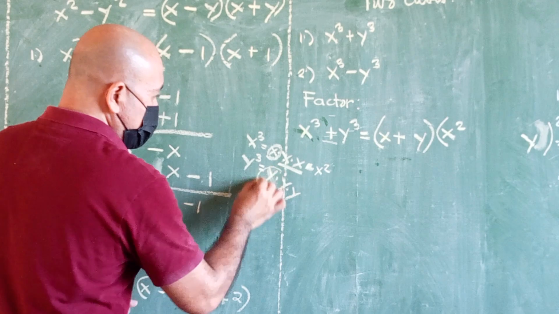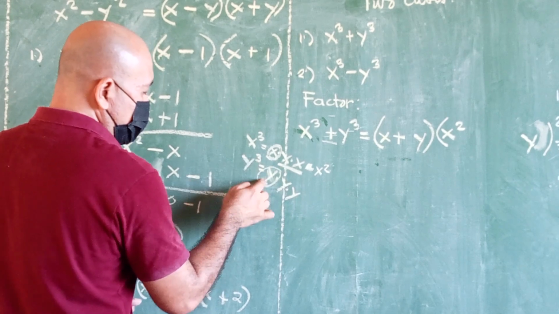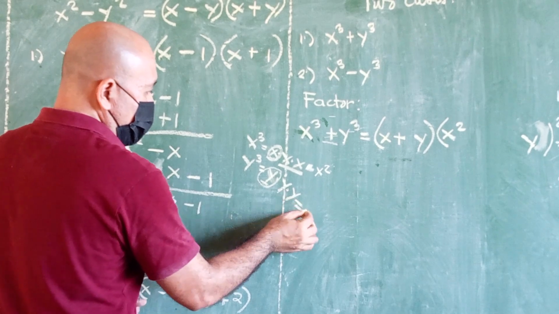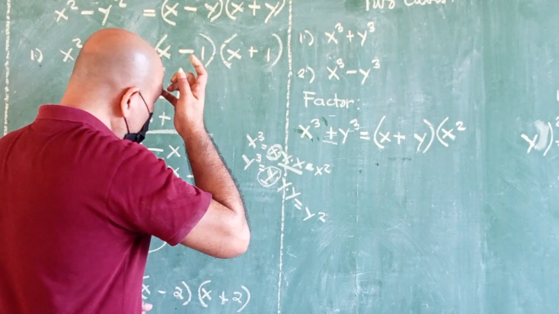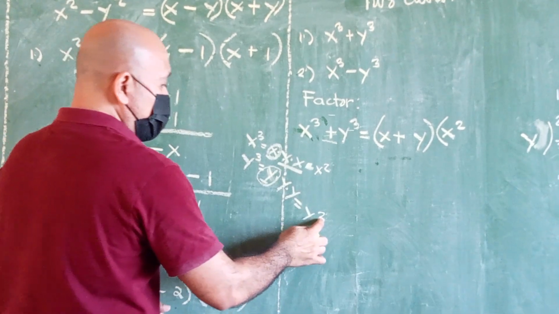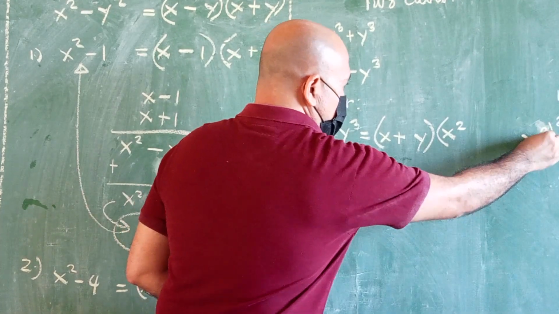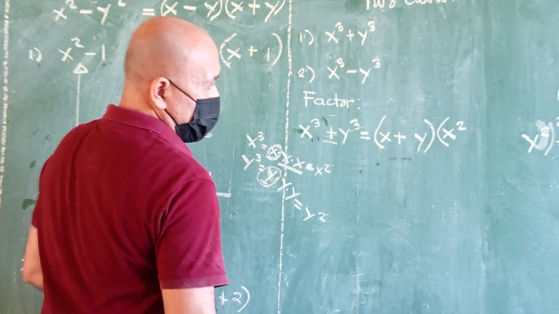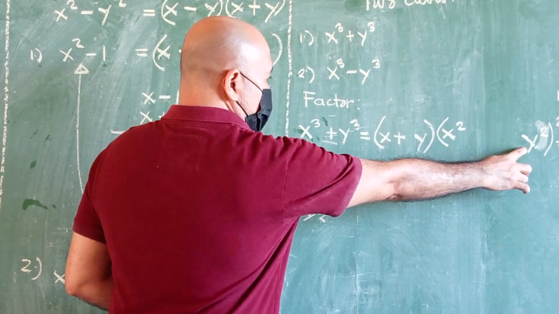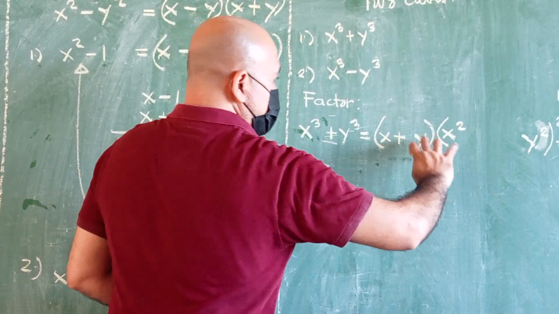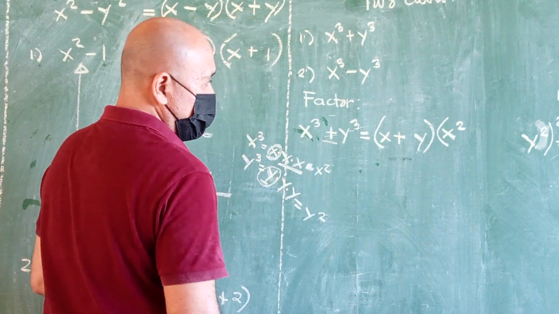And for the cube root of y cubed, which is y, the remaining y is a y raised to the power of 2, the last term of the trinomial, as the second factor of x cubed plus y cubed.